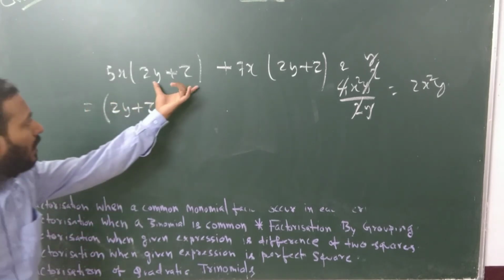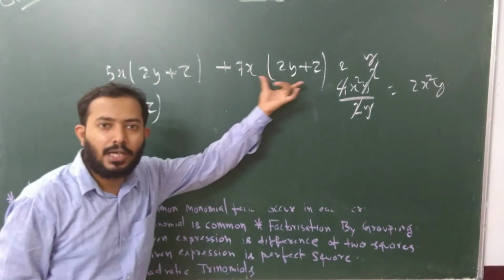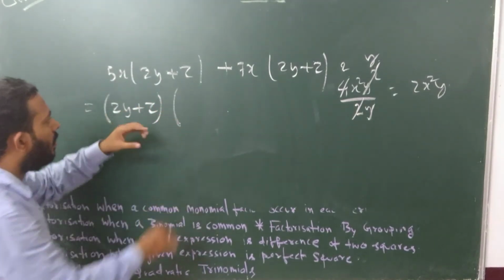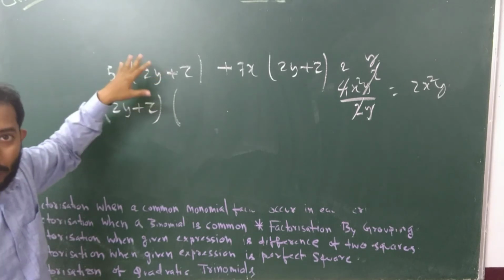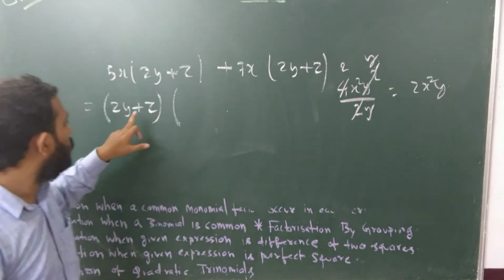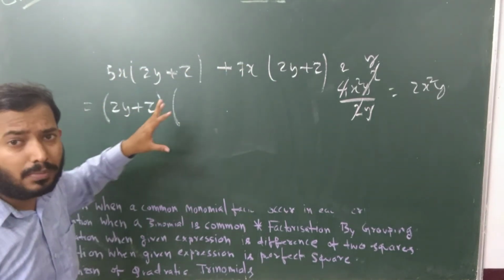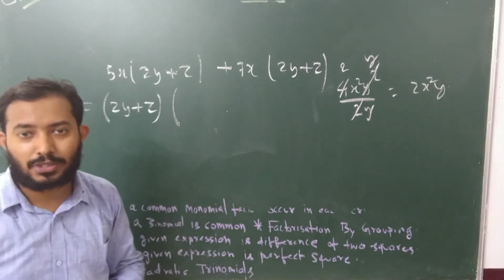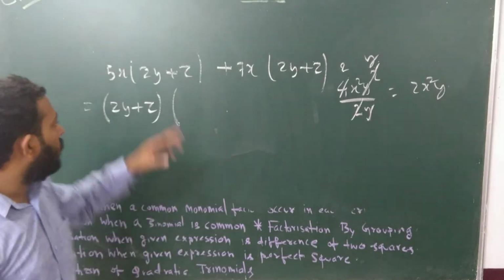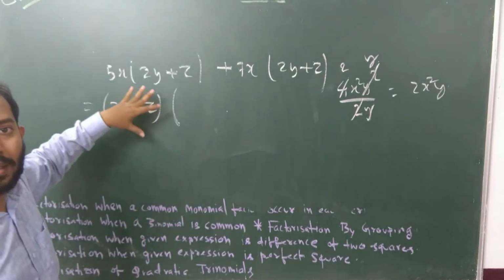So if we take 2y plus j outside, what do we get here? Already we have taken this one outside, so we need to divide both the terms by 2y plus j. Remember, whatever you take outside the bracket, you need to divide by that expression or that number. So here we are getting this 2y plus j.